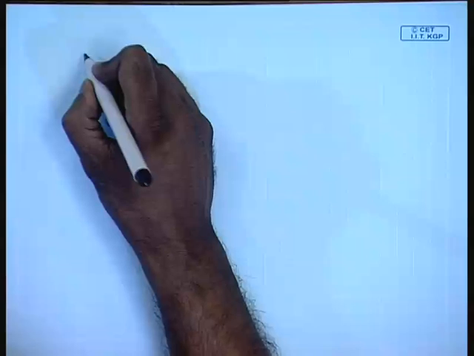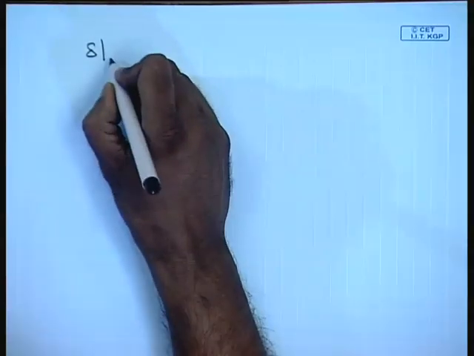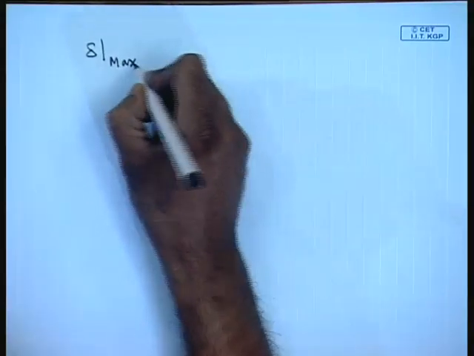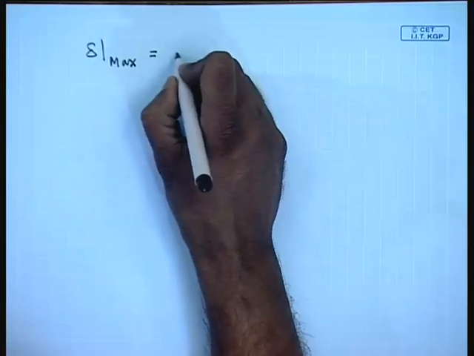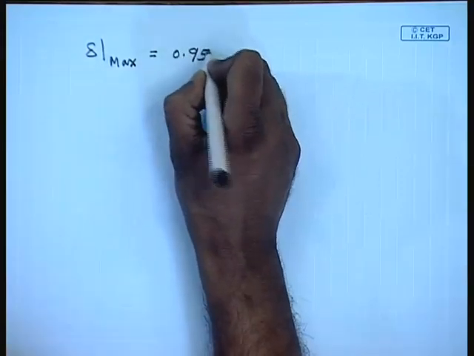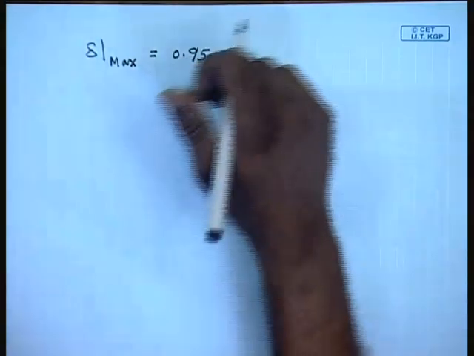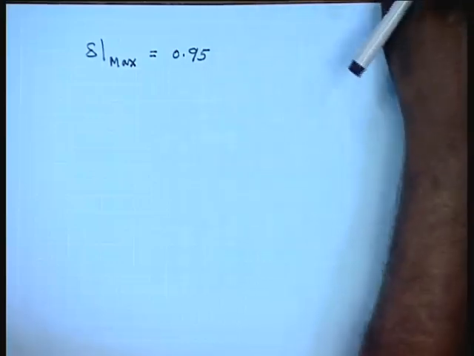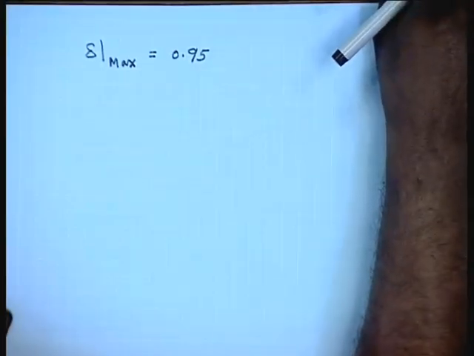So, it will be interesting also to find out what is the maximum range of speed control of such an arrangement. For that, let us assume that the maximum value of delta has a certain limit, 0.95. This comes because the power electronic switches require a minimum on time and off time. So, delta cannot really be made 1 or 0.